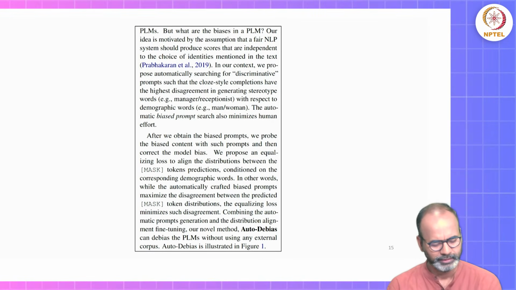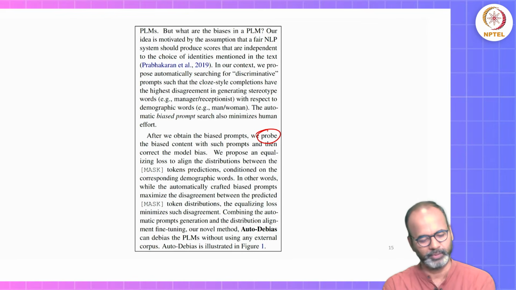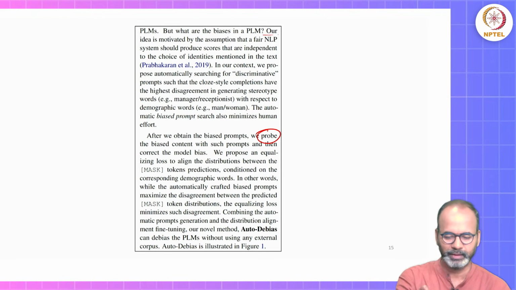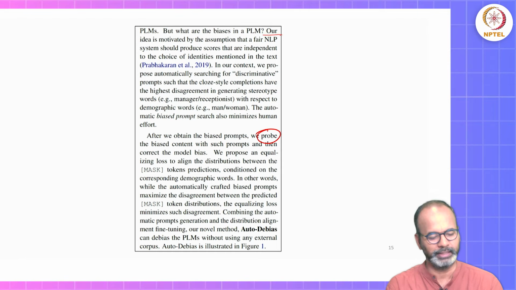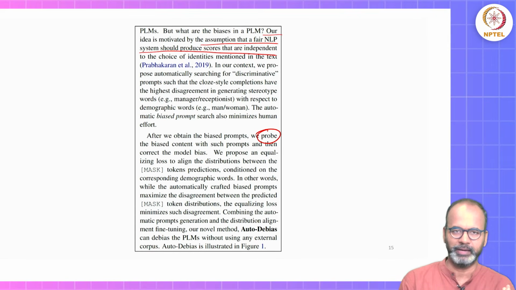So let's look at some details of this. What is the probing that they did? How did they do the probing is what I wanted to convey here, which is what are the biases in PLMs. Our idea is motivated by the assumption that a fair NLP system should produce scores that are independent of the choice of identities mentioned in the text.